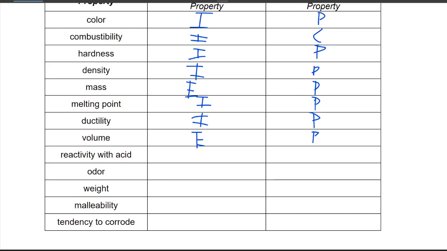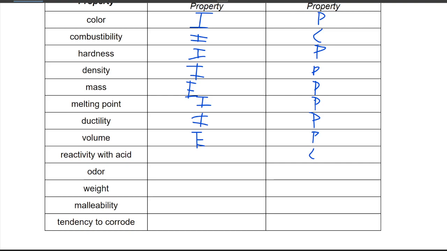However, reactivity with acid, it's right in the name. Reactivity with acid is chemical. However, it is intensive. A small amount of powder fizzing in water or something like that. Or let's say you drop a piece of meat into acid and it dissolves the meat.